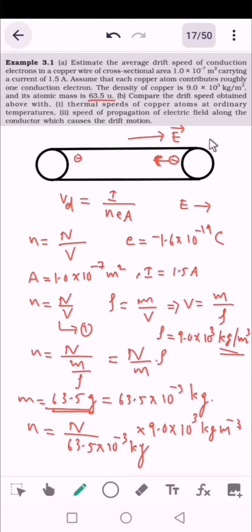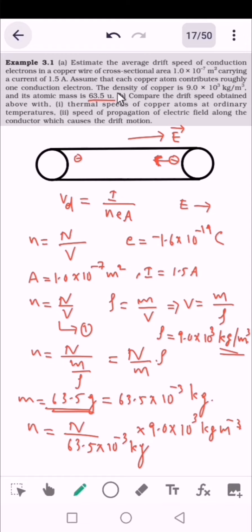So if there are 10 copper atoms, how many electrons, how many charge carriers will be there? 10. But we know that 63.5 gram is the gram atomic mass, so it can be taken as 1 mole also. The corresponding unit is mole.